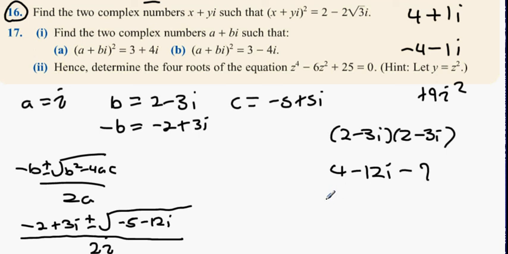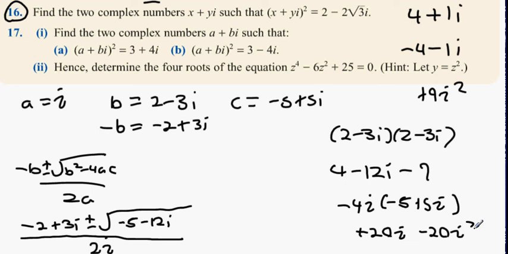And then what we're going to do next is we're going to find out what minus 4ac is. So it's going to be minus 4i, because a is i, and then times c is minus 5 plus 5i. That's going to give me minus 20i plus 20i squared.